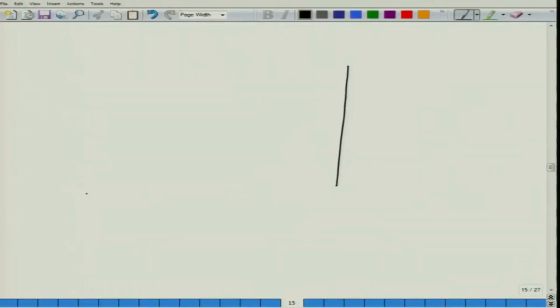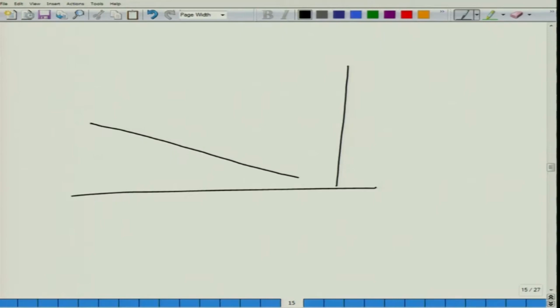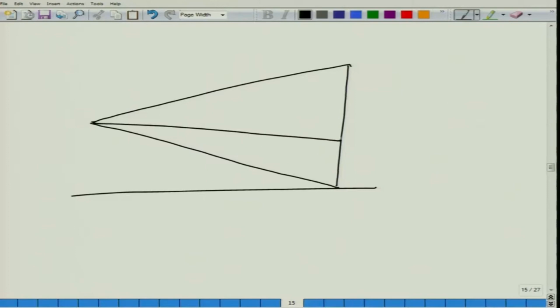So, we have a tree, this is our hypsometer, and we are given that the height of the tree H is equal to 24 meters, the length of the hypsometer H prime is equal to 33 centimeters, the length of the staff small h is equal to 4 meters.